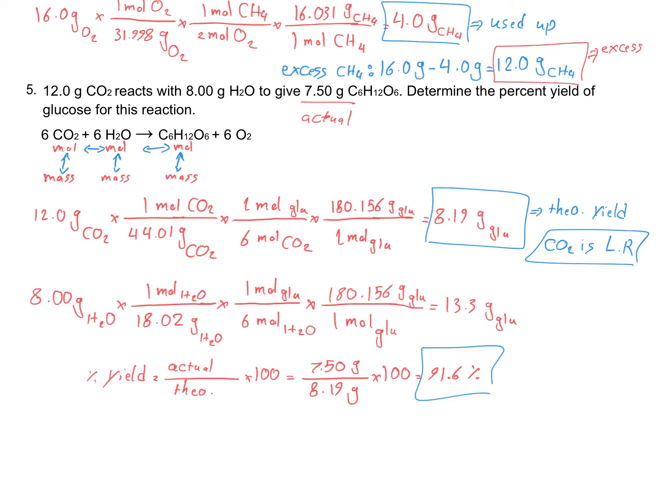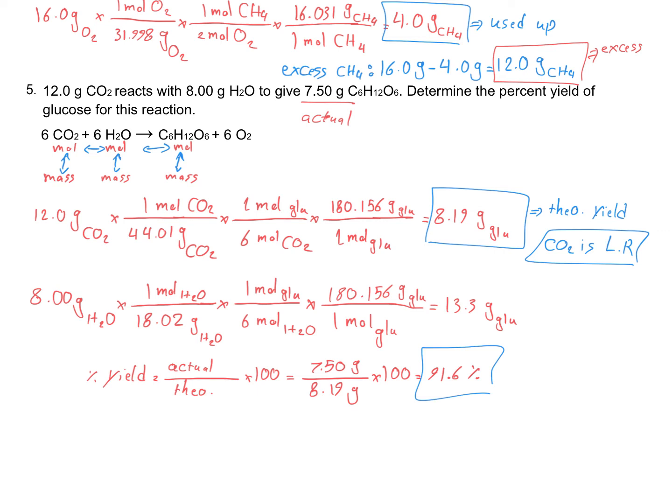So in order to find the theoretical yield, as you said, theoretical yield is based on the limiting reagent, so you have to find the limiting reagent as well, because you have the mass of two reactants, right? So you have to do this for both of the reactants, for CO2 and water, and see how much product you're making. So from 12 gram of CO2, you make 8.19 gram of glucose, and for 8 gram of H2O, you make 13.3 gram of glucose.